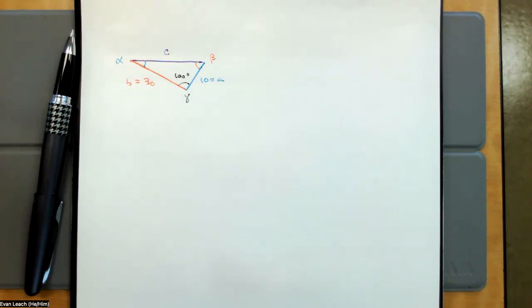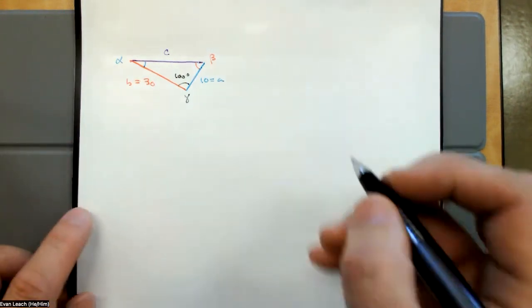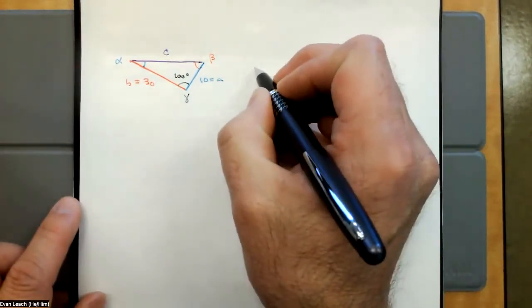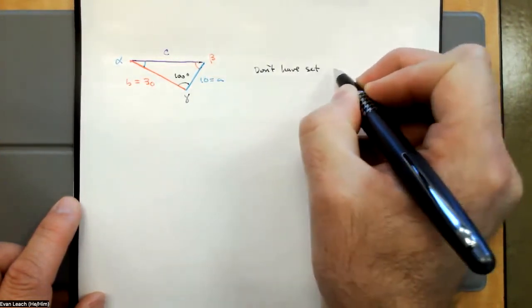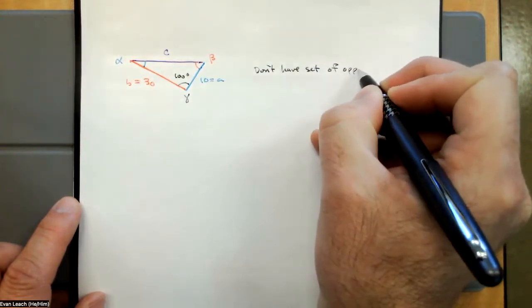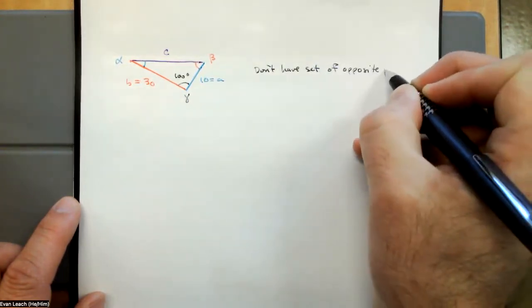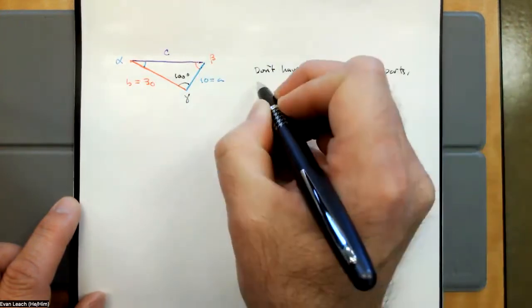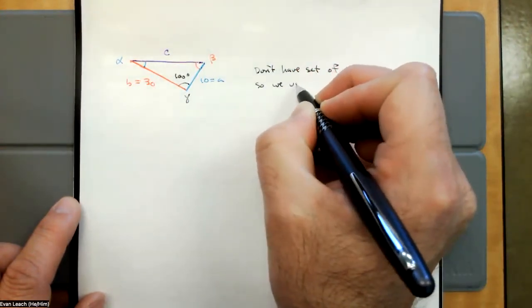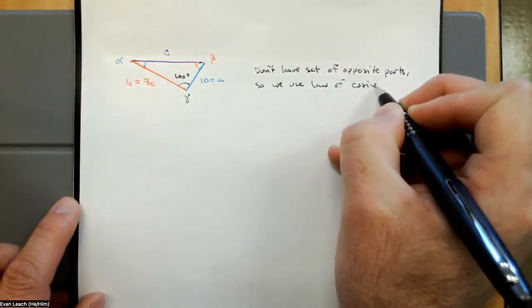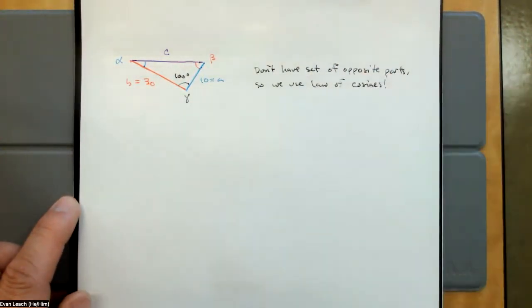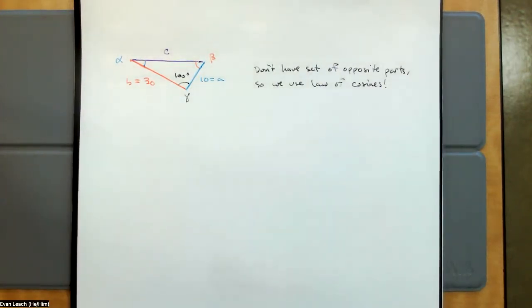Since I don't have a set of opposite parts, we have to use the law of cosines.